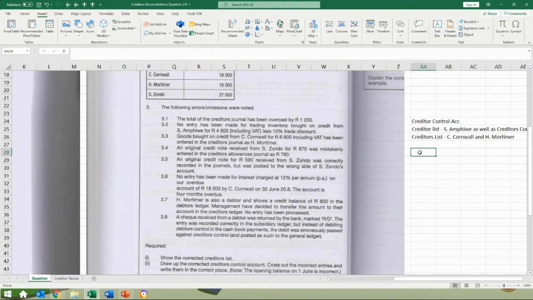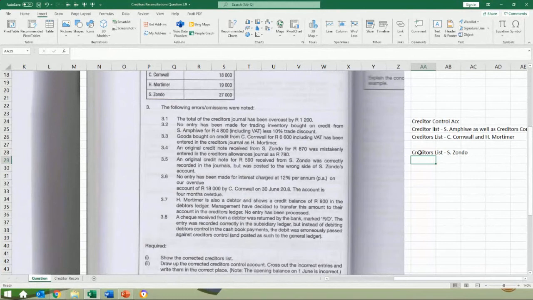So that means when we captured it in the creditors listing, instead of debiting the account, because a credit note would have reduced the creditor's balance, we credited that amount. So we would have to go to the creditors list for S. Zondo and correct this transaction.